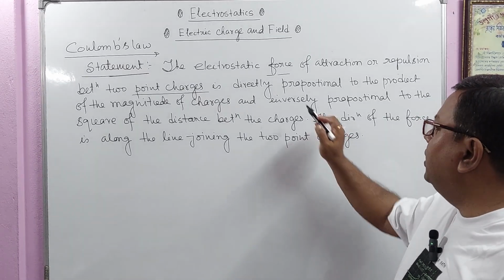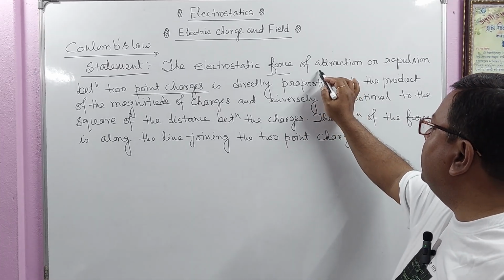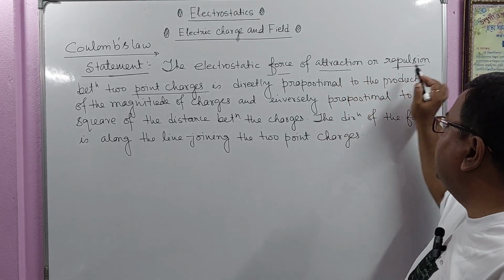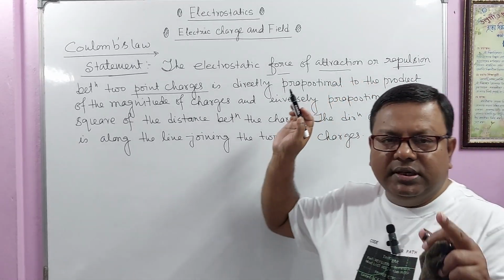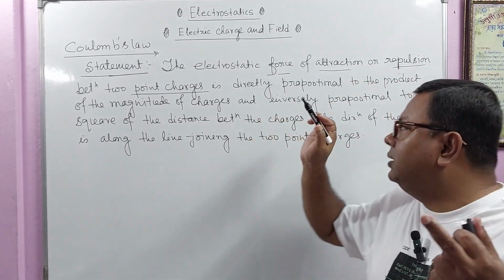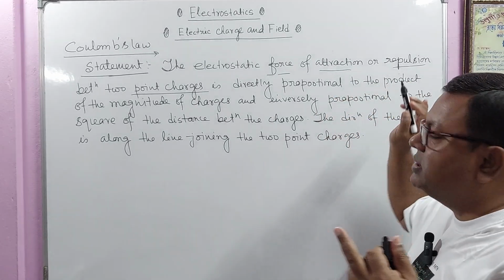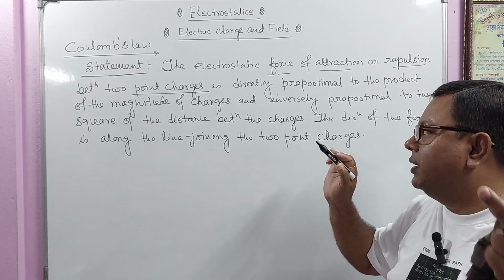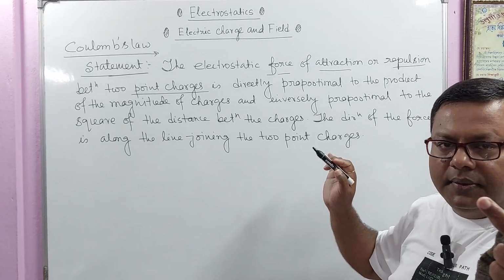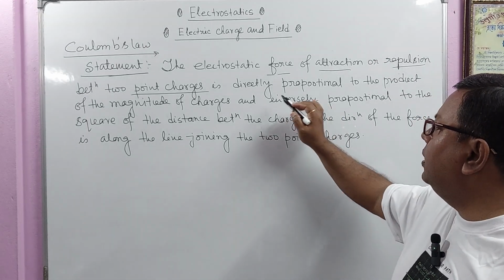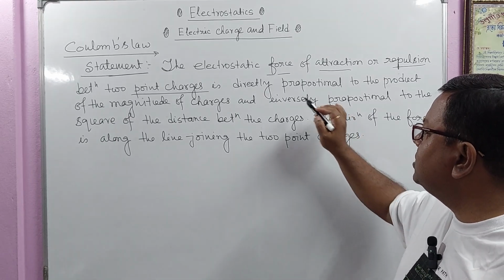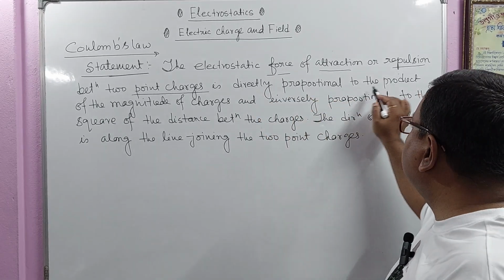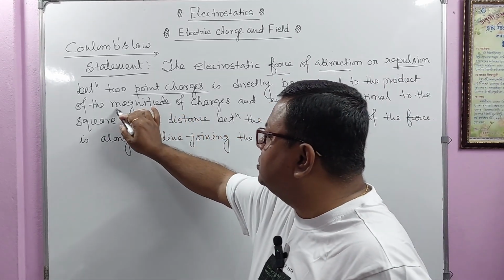So the force may be attractive or repulsive. When it will be attractive? When the charges are unlike, then it is attractive in nature. When it is repulsive? When the charges are like charges, according to property of the charges, the force is repulsive. And how can we measure the forces? The force is proportional to the product of the magnitude of the charges.